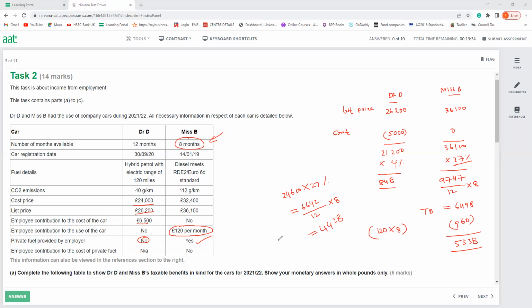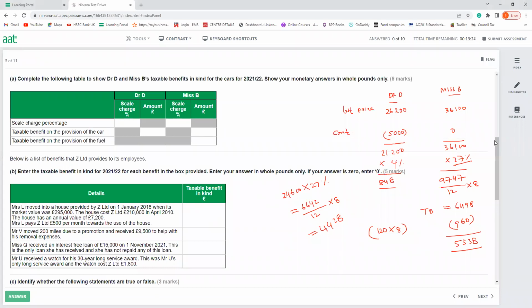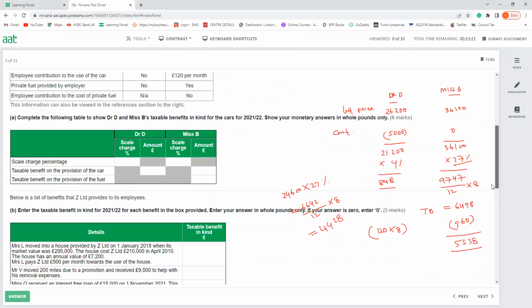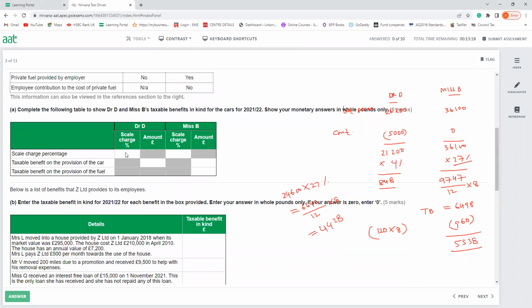So we can just go there now, complete this one. This new system is quite fast on the computer. So you need to make sure in the exam, you check first, if this is happening, to inform the invigilator that this is happening during the exam time. So scale charge percentage, we have 4% for the first one.